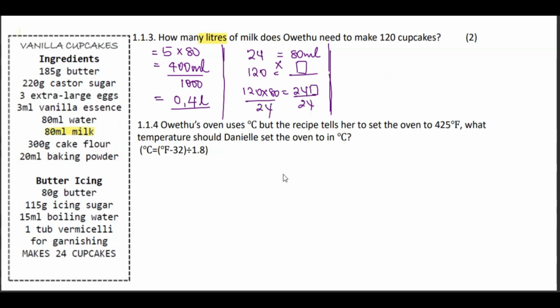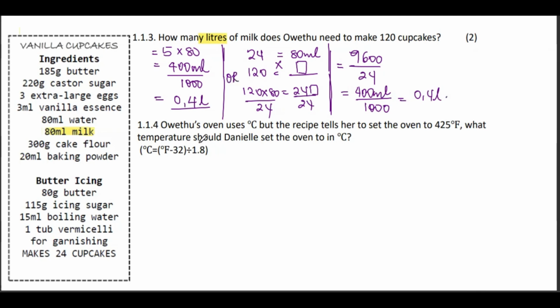So this is 9,600 divided by 24. You have 400. But remember, these are mils. They need liters. Divide this by 1,000, and the answer becomes 0.4 liters.